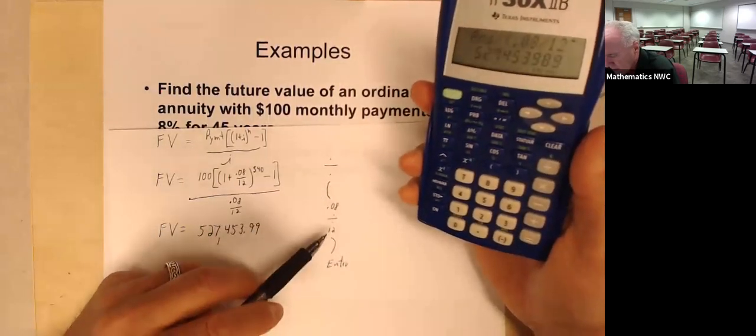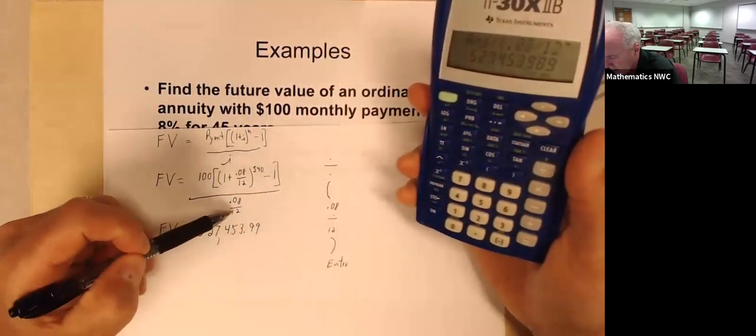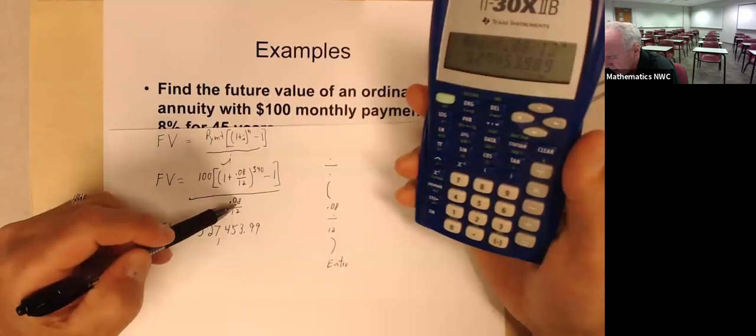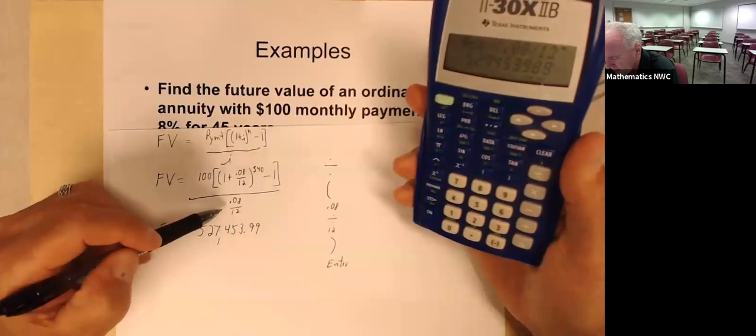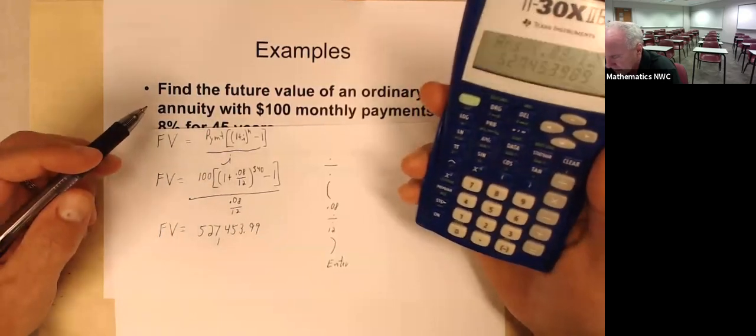If you don't like this finish here, you can divide this separately and then do the numerator and have to re-punch in that number. I was trying to show it to you where you didn't have to punch in that long decimal number.